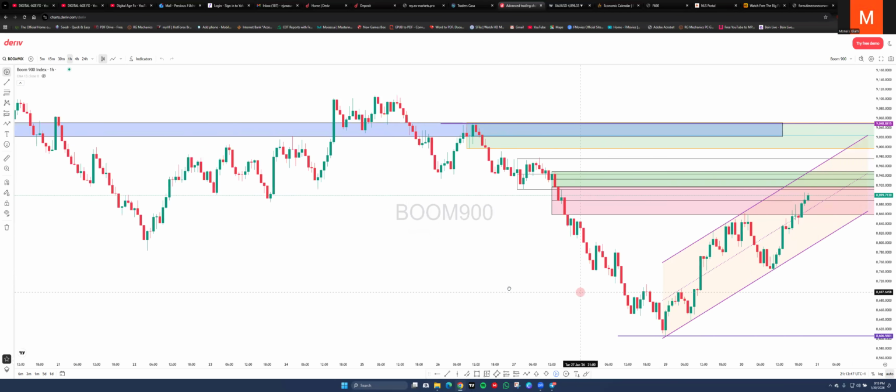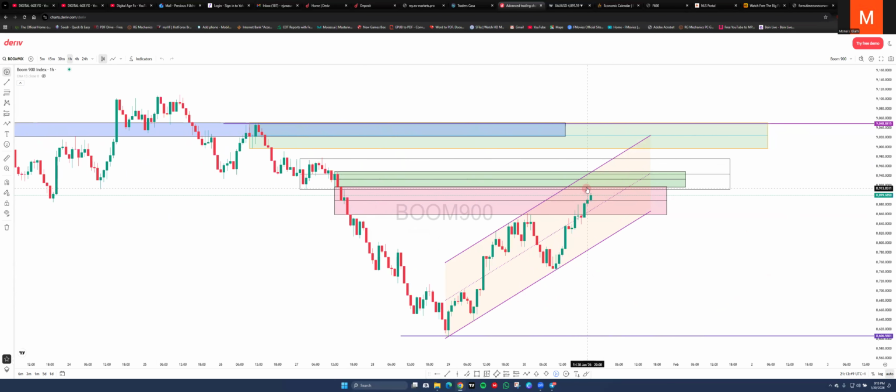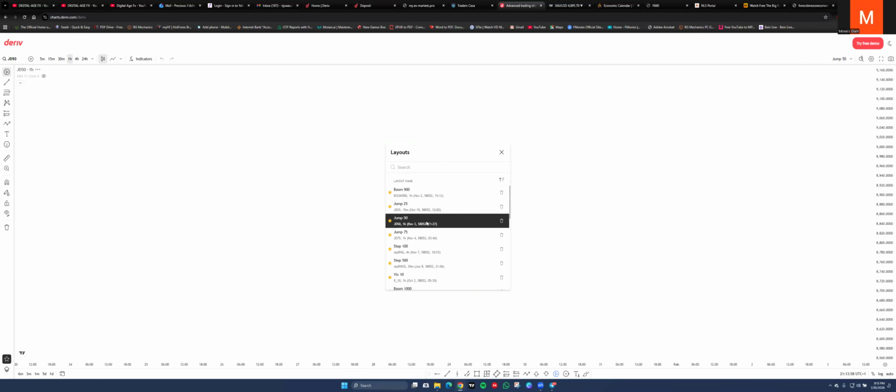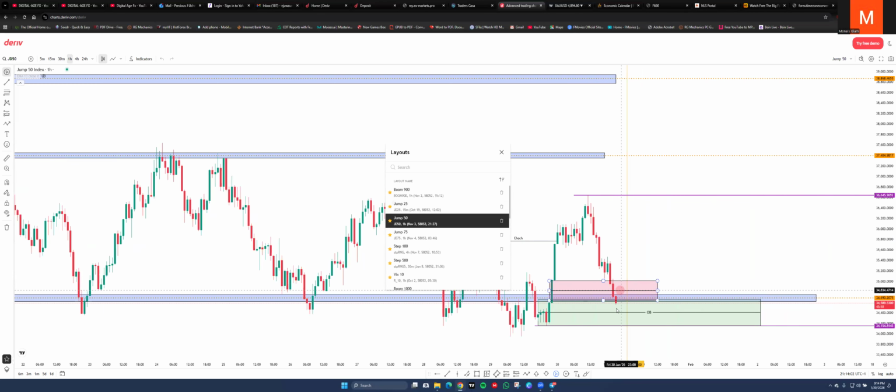This one is in our area of interest, and also Boom 900 is in the area of our interest. Jump 50 is also in the area of our interest.